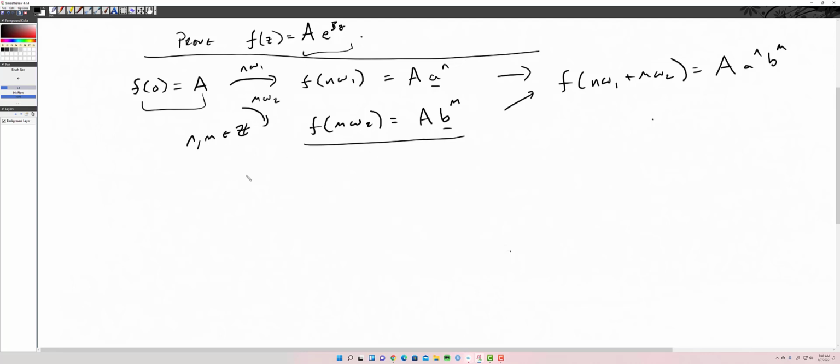But I'm not going to assume f of z is this. I'm just going to say if f of z looked like this, what would it be? Okay? So let's say that f of z, assume f of z is a e to the bz, or f of 0 e to the bz. Okay? What's b?